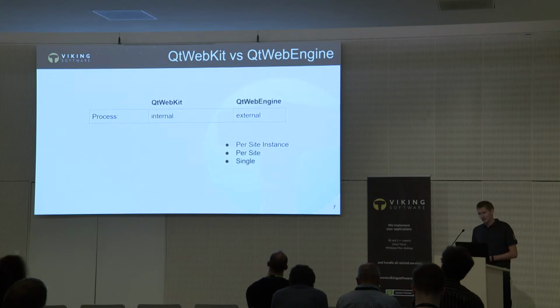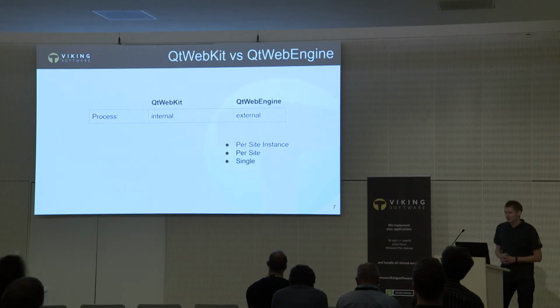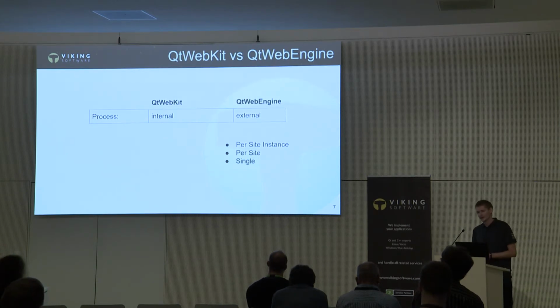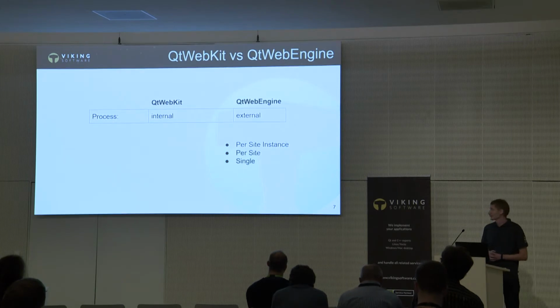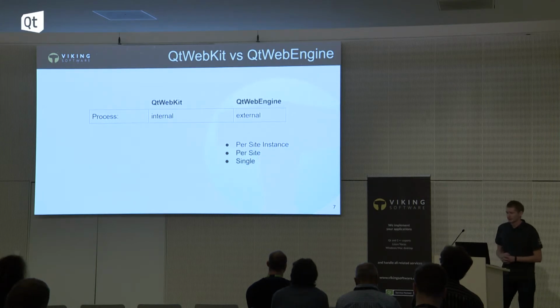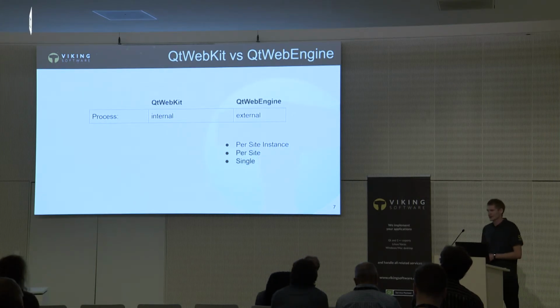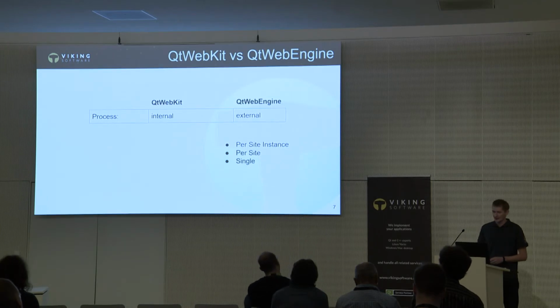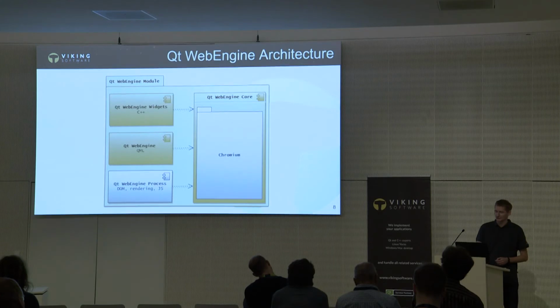As a developer, you can choose between these two modes by passing command line arguments into your application. There is no direct API to use it, because the WebEngine submodule called Qt WebEngine Process is a kind of black box for us, and that's a limitation.